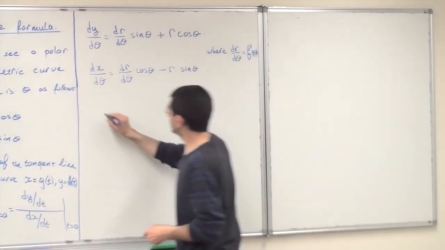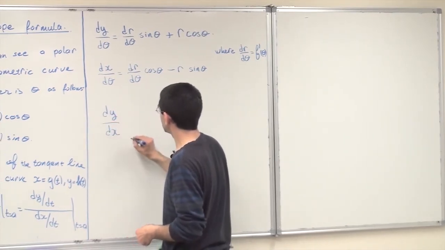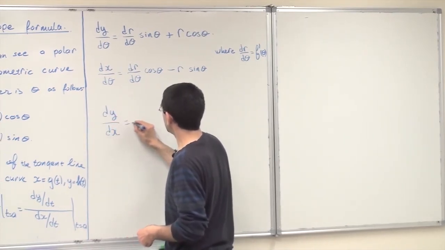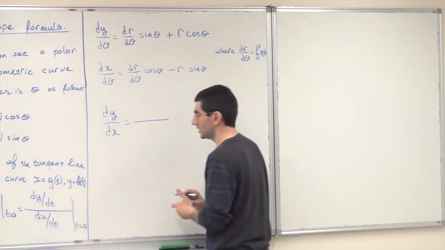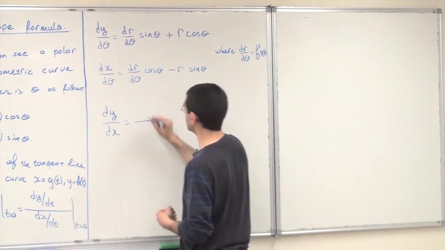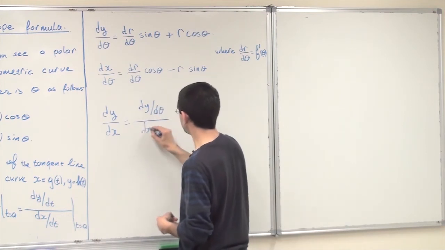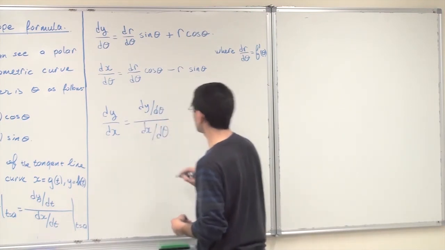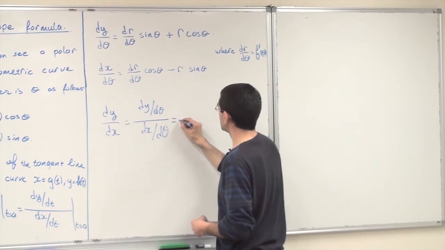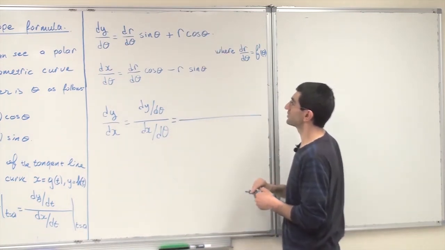Okay, then dy over dx is equal to dy over d theta over dx over d theta, which means that we should take the quotient of these two expressions.